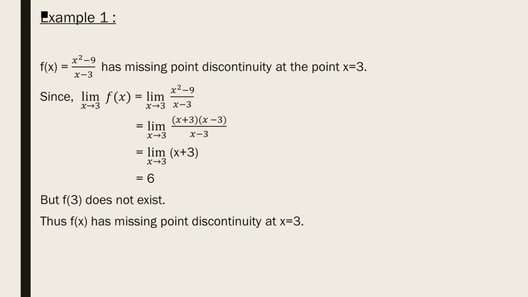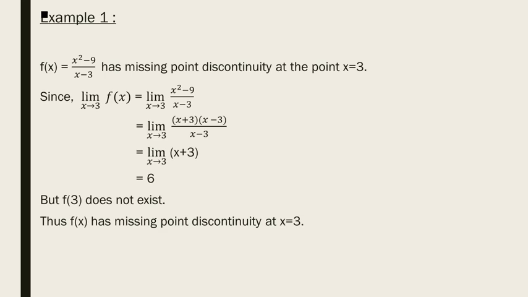So we can conclude f is not defined at 3, but it has a limit at 3, which is equal to 6. So it has a limit, but the function is not defined at that point. So the function has a missing point discontinuity at 3.